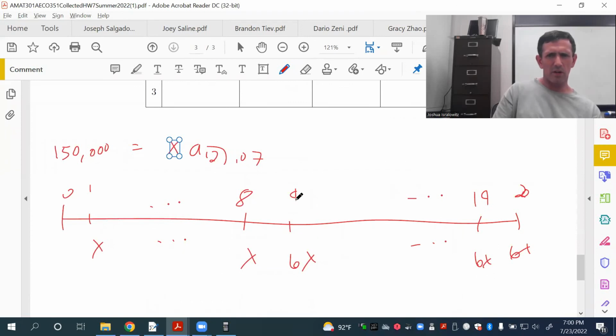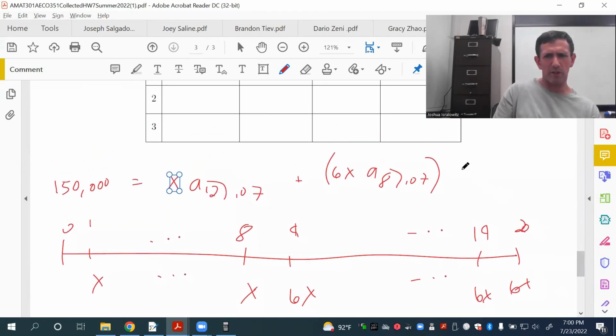Okay, so the present value of the 6X payments occurs at T equals 8, and we discount to get the present value at T equals 0, using the standard present value formula. So 6X, A8, 7. Interest is just 7% throughout. So we have to discount it by 8 years.